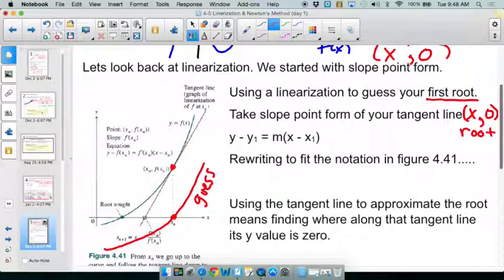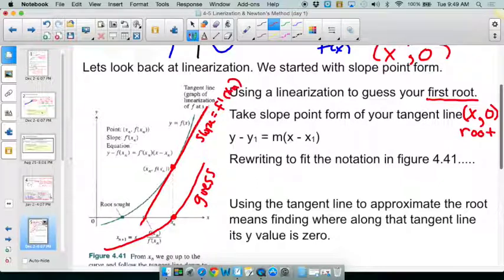I know this equation goes through this point, and I know that this equation has this point of tangency, so it has this derivative, it has a slope that is this derivative.